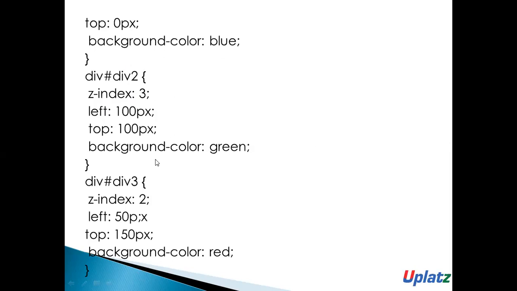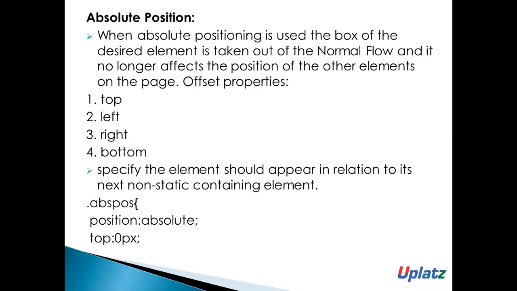To differentiate the three divs, I'm making z-index 3 for the second div and color is green. For div 3 I'm making z-index 2 and color is red. When running this, you can see the overlapping of those three divs, and based on the z-index they get displayed in your browser.